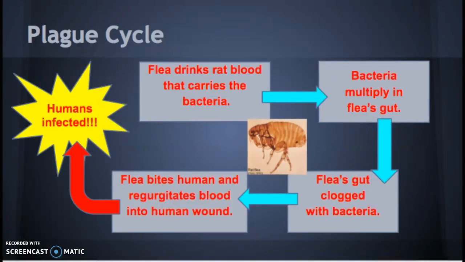In terms of the cycle of the plague, it does come from fleas that drink the blood of infected rats and then essentially multiply, their guts clog with bacteria, they might bite a human then, and then the humans are infected.